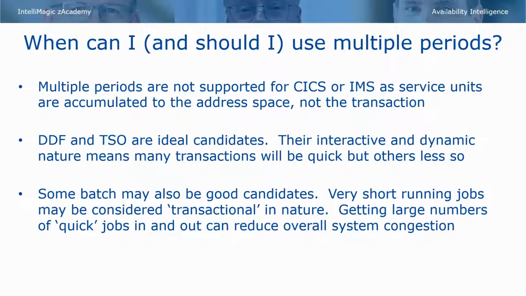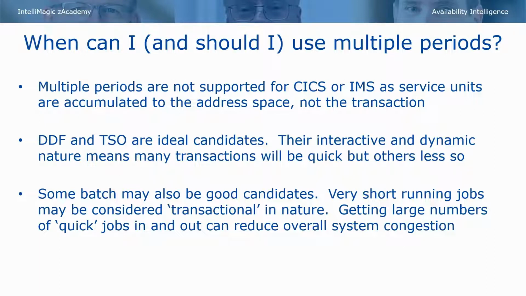I've heard Martin use the term feral, and now, not all DDF is feral, but I can recall some 20-something years ago being woken up in the middle of the night when this stuff was brand new, and I had to go into the data center, and they said, "What is this enclave stuff that's eating our machine?" Anyway, using a basic 3-period design like we just looked at in the previous slides can work very well with DDF.